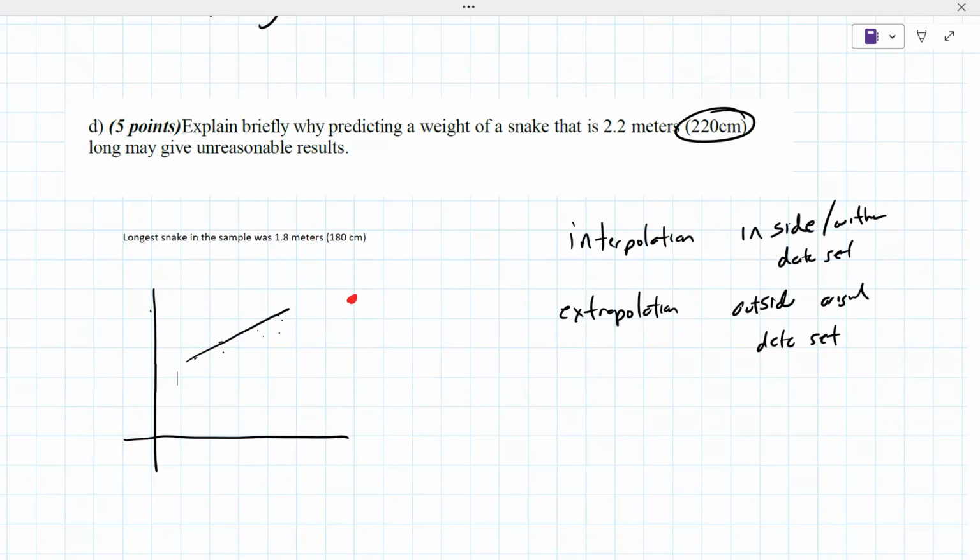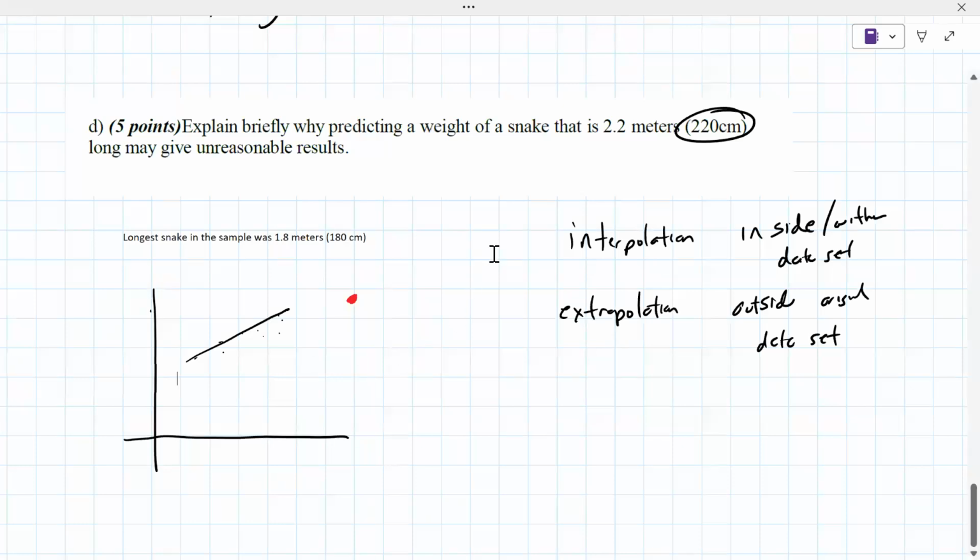Um, I would say it's linear, but with some outliers.